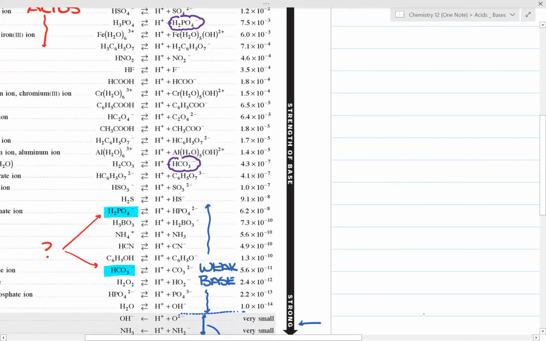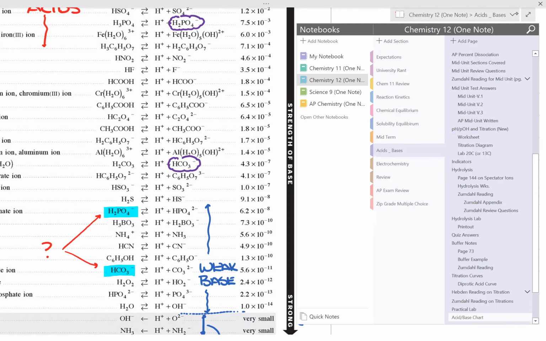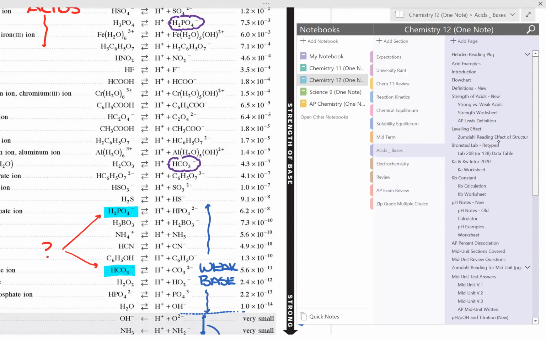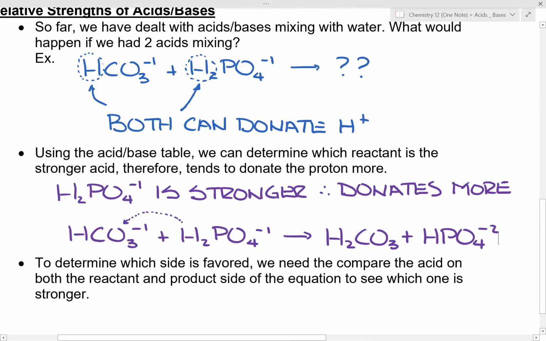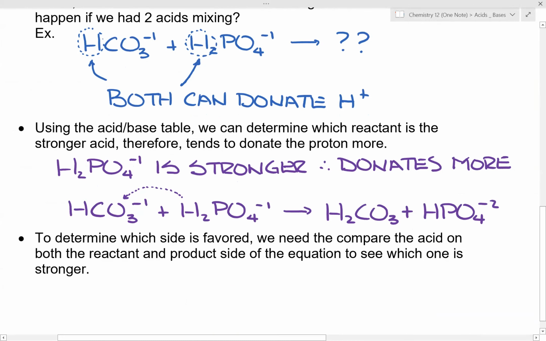In this case, HCO3 minus 1 is a stronger base, so therefore it will tend to accept the proton better than H2PO4, which we see right here in our notes. Okay, notice here HCO3 minus 1 accepted the proton.